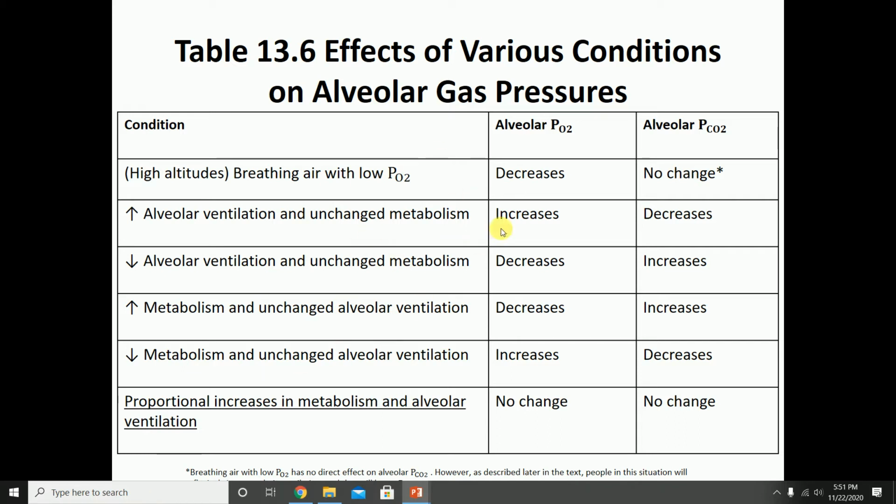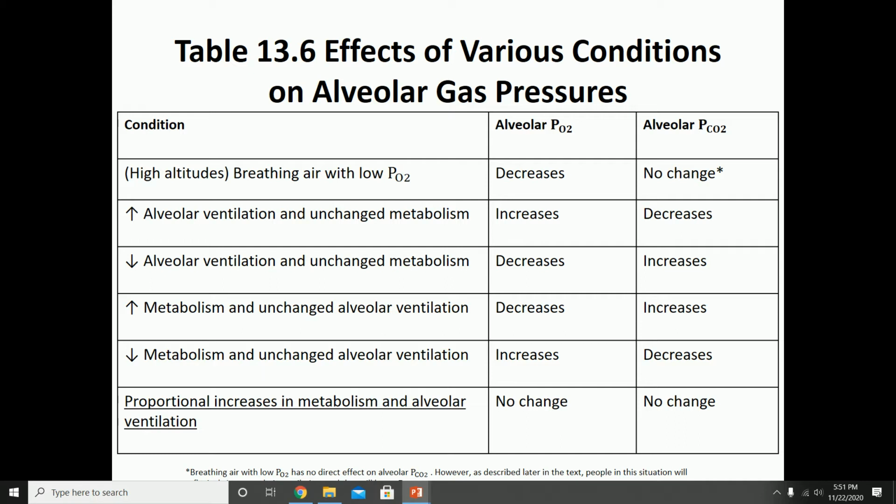While when we change metabolism, remember that metabolism is the source of carbon dioxide. So if you increase metabolic rates, increase metabolism, that means that the cells are producing more carbon dioxide, which also means that these cells need more oxygen. And the opposite would occur in the case of decrease in metabolism.